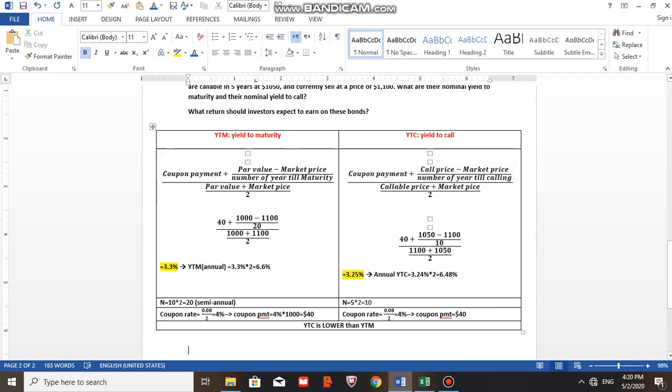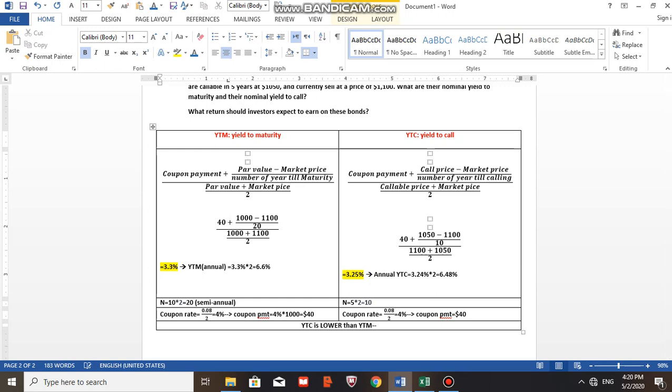YTC is 6.48, so it's lower than the YTM of 6.6. In this case, because bond issuers seek lower cost, they will call the bond, because it's lower for them. So investors would expect the bond to be called and they will earn the YTC.